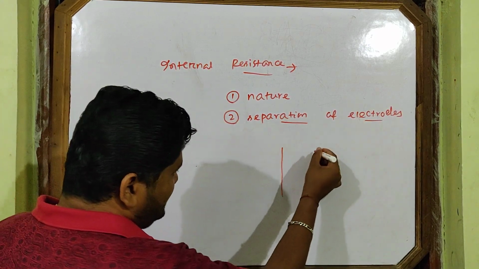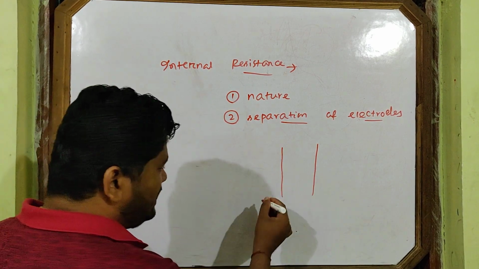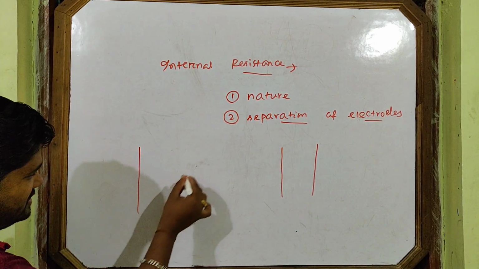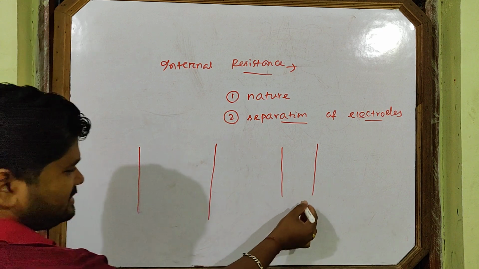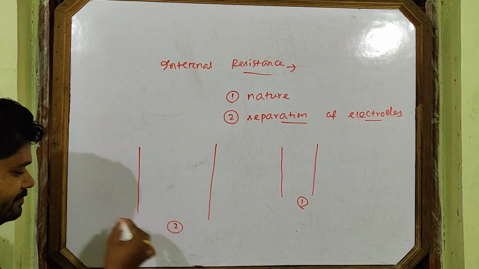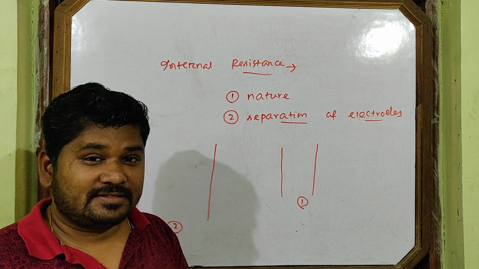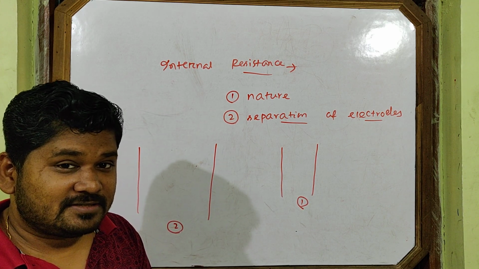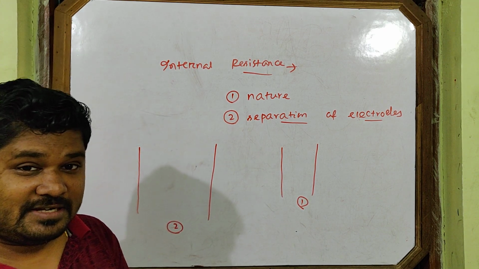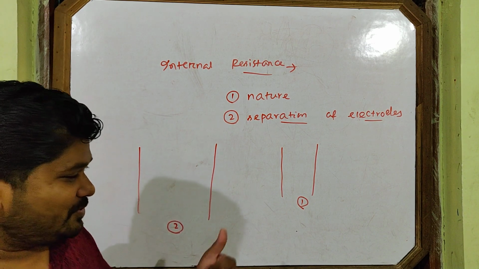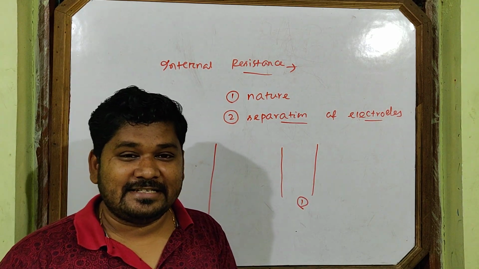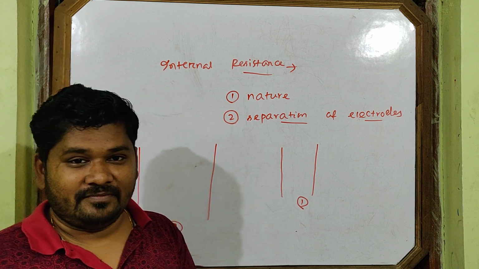Suppose two electrodes are like this in one cell, and in another cell electrodes are like this. Cell 1, cell 2. In which case will internal resistance be less? In the first case internal resistance will be less. Why?